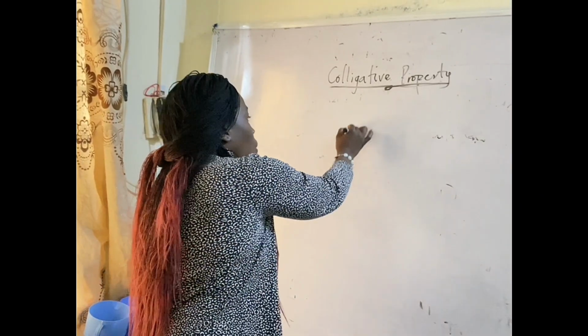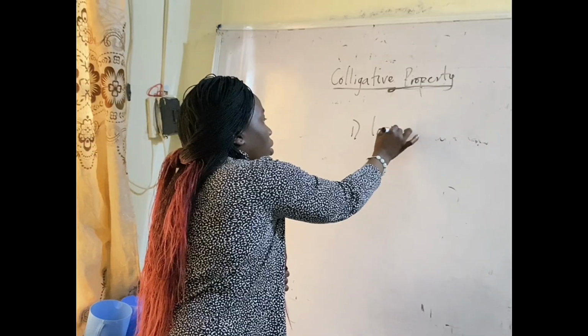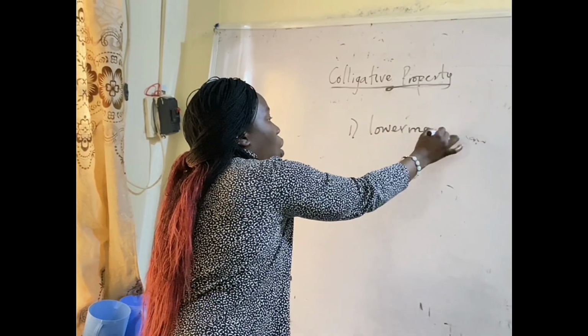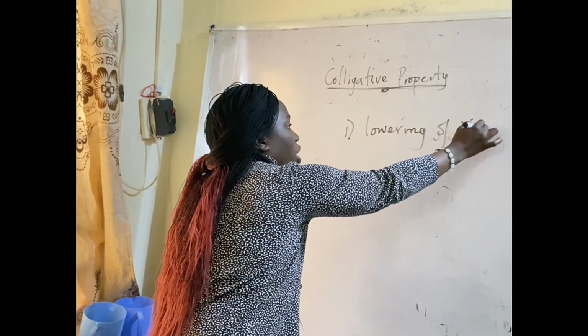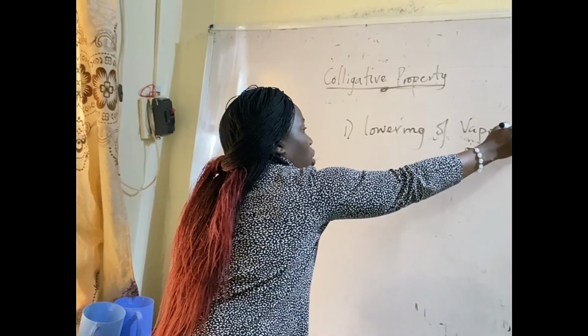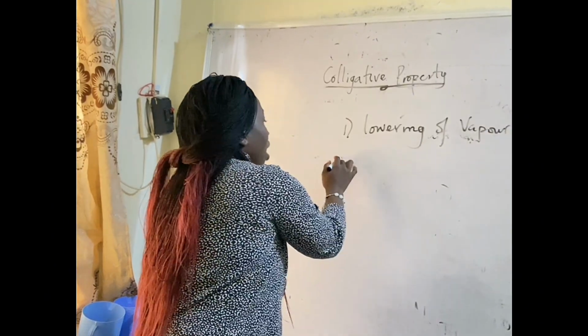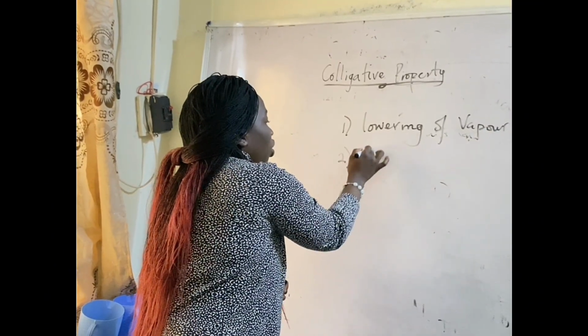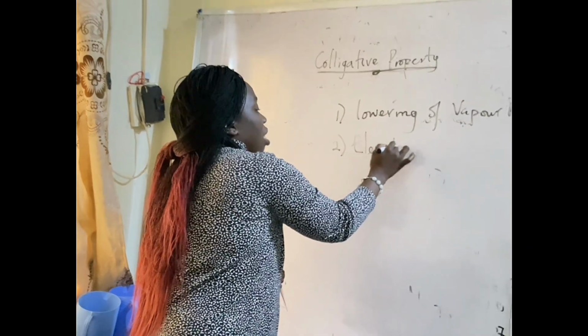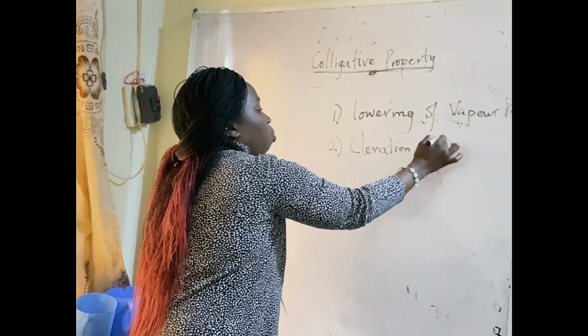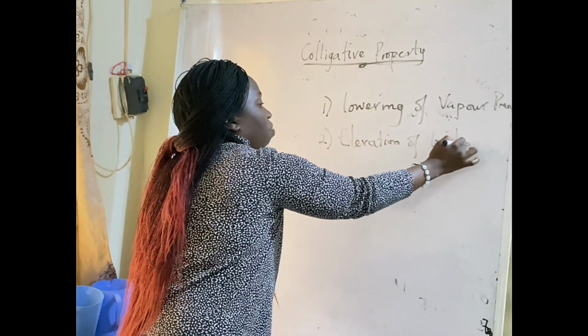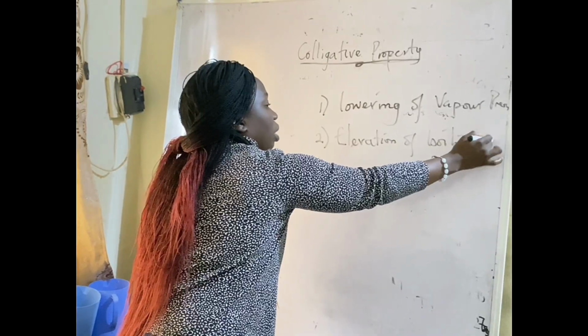Number one factor is lowering of the vapor pressure. Lowering of vapor pressure. And number two is elevation of boiling points. Elevation of boiling points.